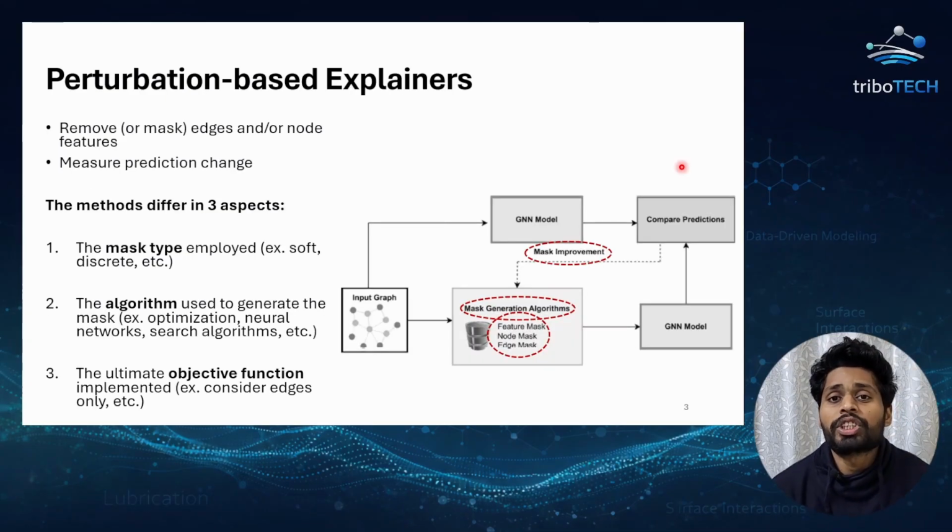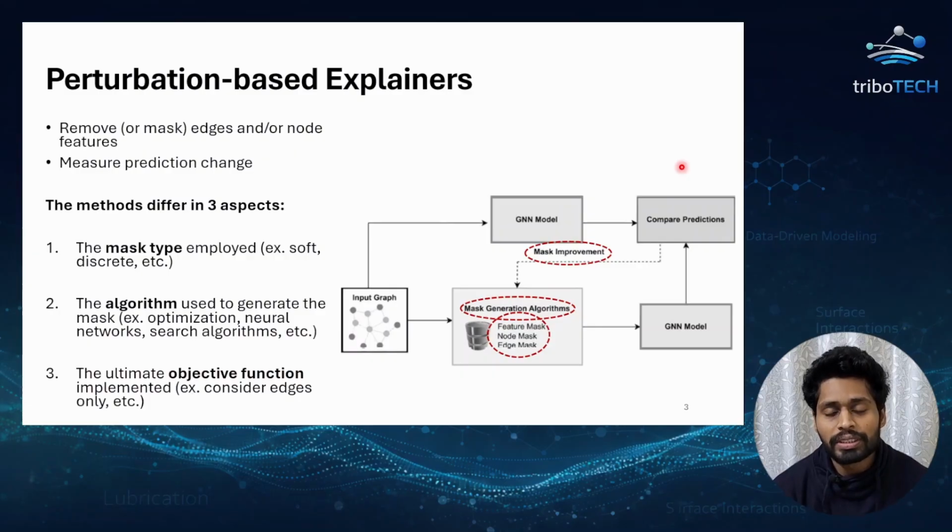Perturbation-based explainers basically involve removing or masking of different parts of the graph, like edges or node features, or maybe both. And we measure the change in prediction caused by masking of those parts, and we compare it with the original prediction with the original graph as input.